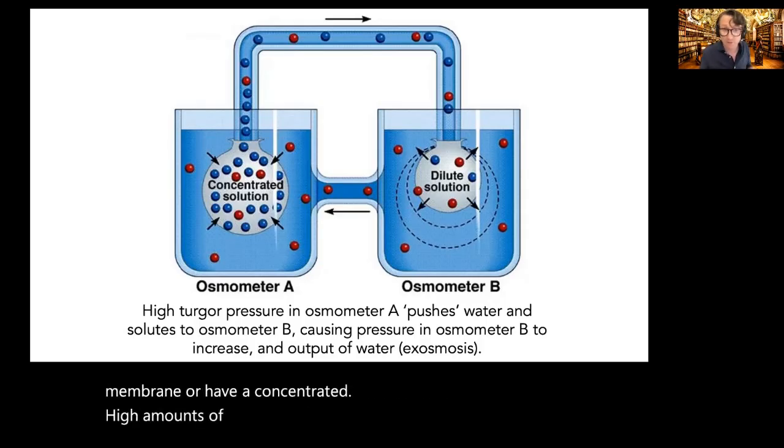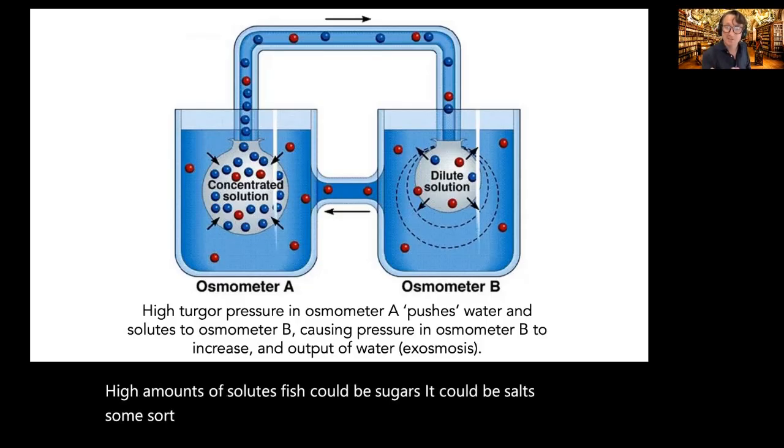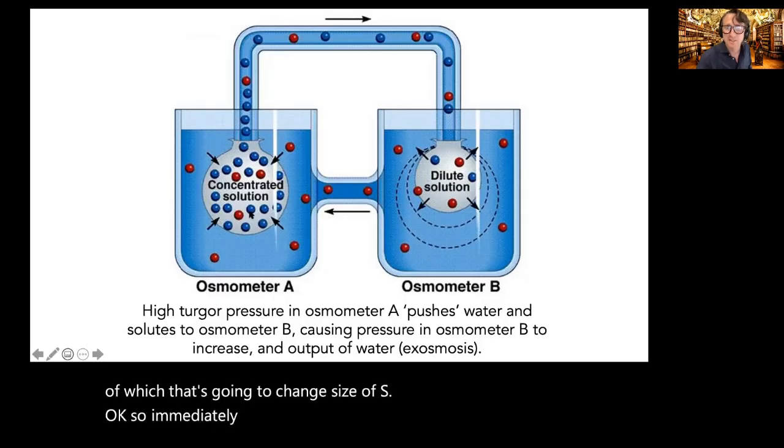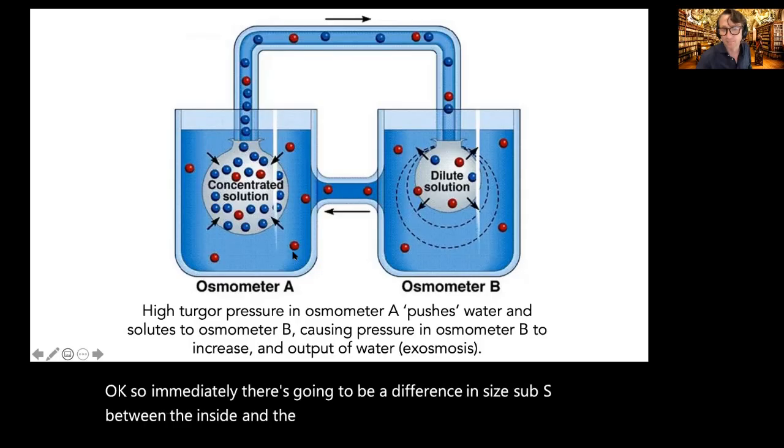This could be sugars, it could be salts, okay? Some sort of ion, but we have a concentration there. And because of which, that's going to change psi sub S, okay? So immediately there's going to be a difference in psi sub S between the inside and the outside of osmometer A.